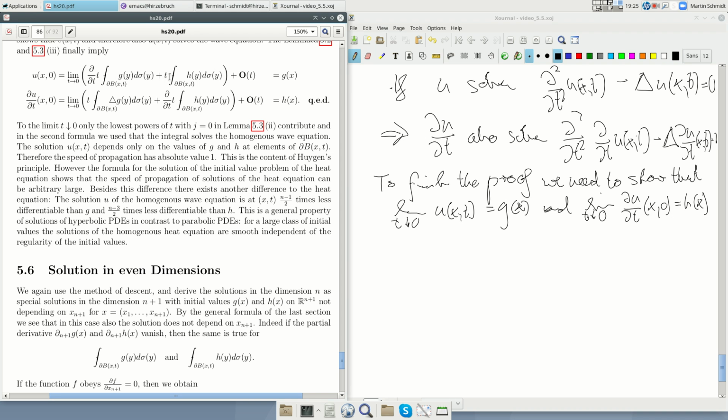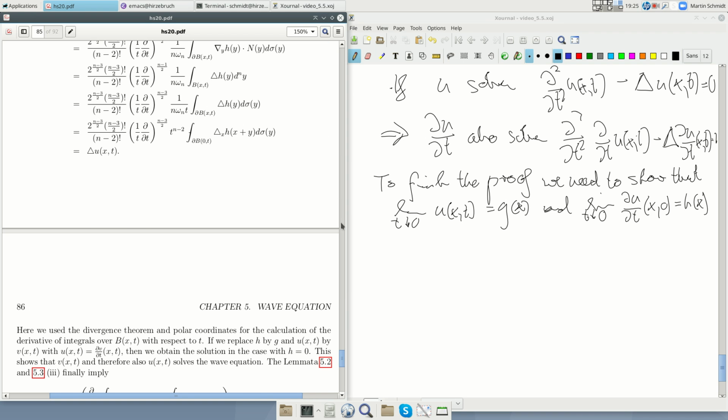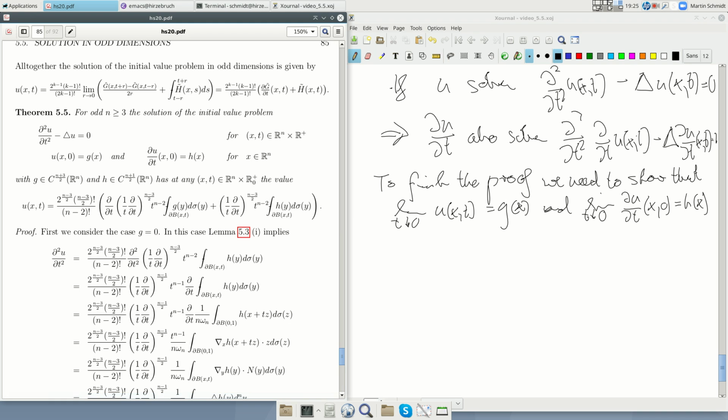And of this term, since we have this t, and this goes to the value h of x, we get 0, because t goes to 0 in this limit. So here we don't have a contribution. Now, keep in mind that we already have seen that this whole integral, this expression with this factor but with this derivative, obeys the wave equation.